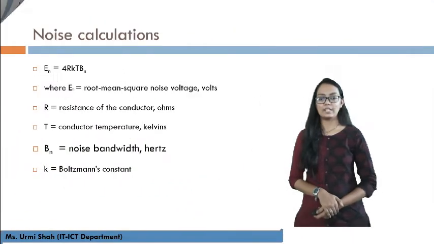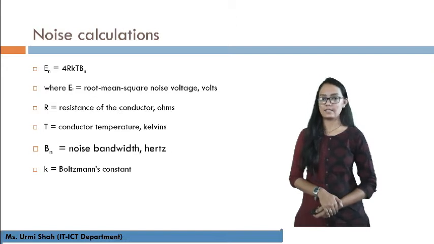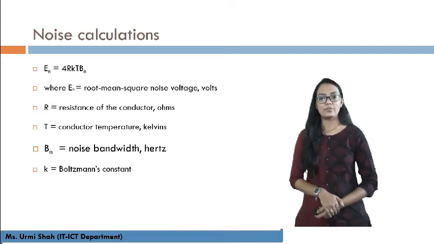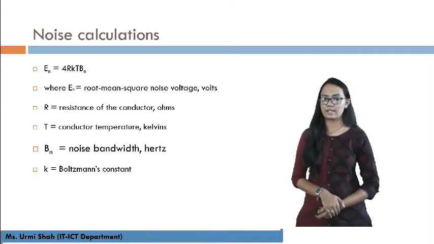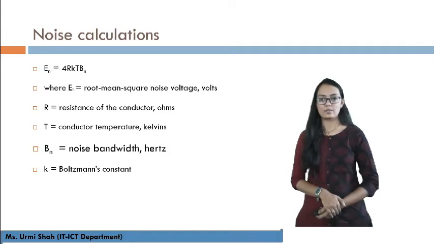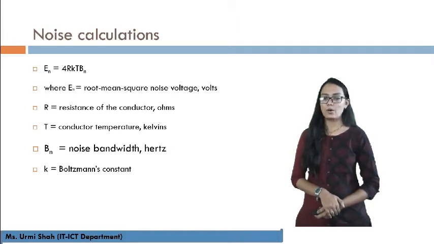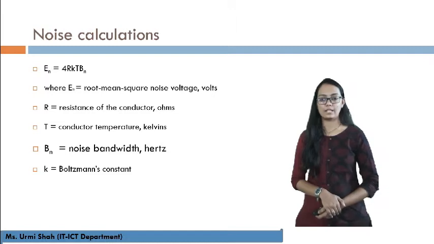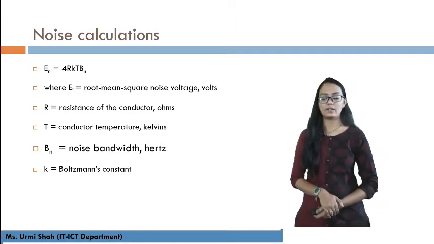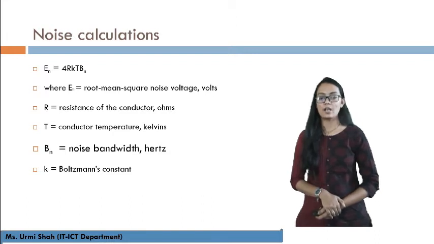We have seen the basic calculation of noise in the previous session: thermal noise is due to the temperature variation, or temperature effects, also called solar noise.